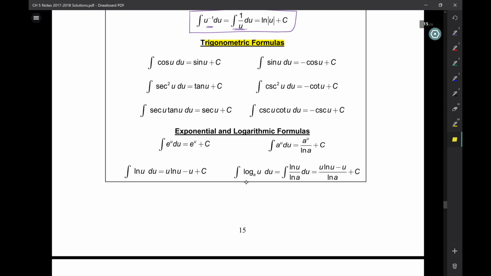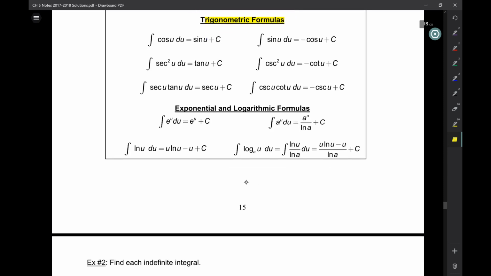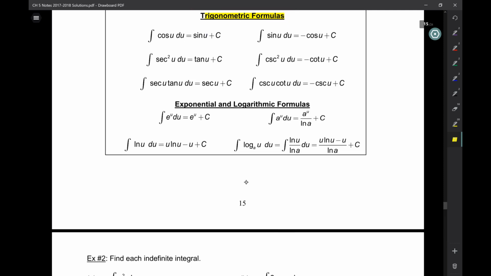Now, what about exponential and logarithmic functions? The derivative of e to the x is e to the x, so the integral is the same.